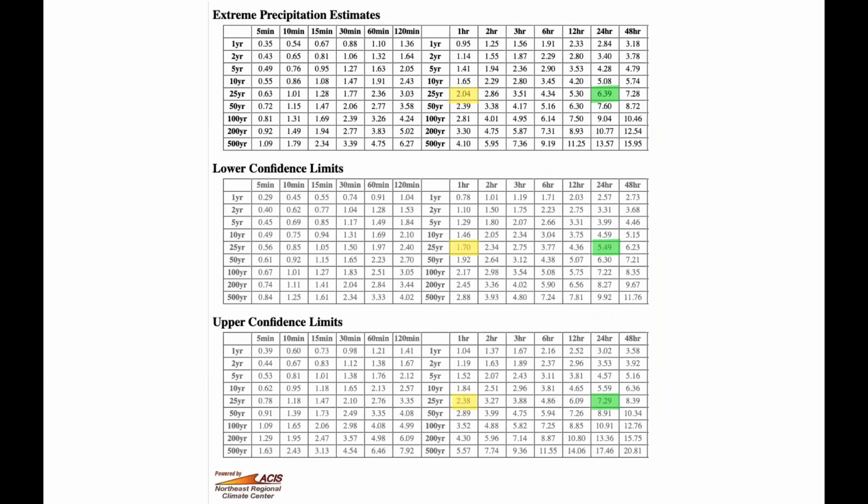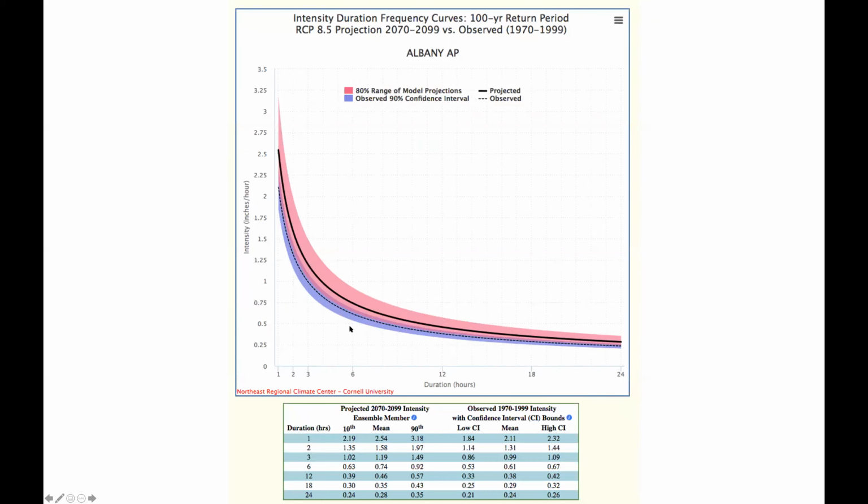But if we look at our IDF curves, the confidence range that you see in the historical projections actually overlaps with the model range. So in a lot of cases, what we're seeing in our future projections are not that far out of the upper confidence bands of what we might see historically, and there's a certain degree of overlap between those two values.